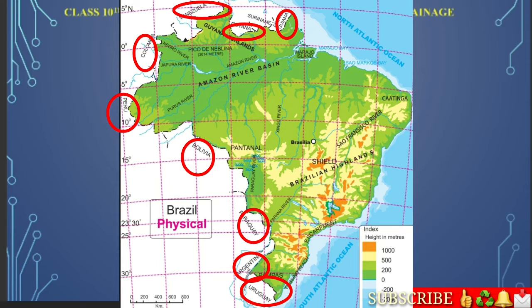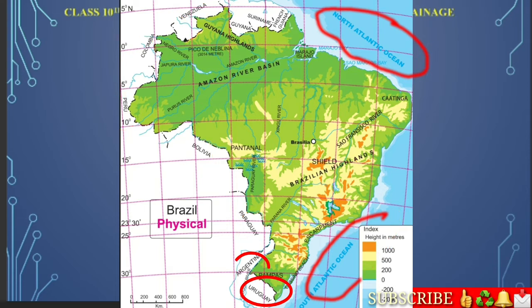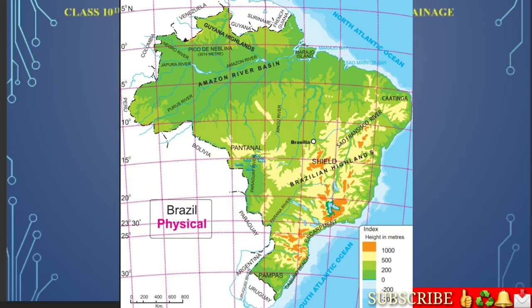Students, on the north side, we have the North Atlantic Ocean, and on the south side, we have the South Atlantic Ocean. Students, we can see the northern coastal line stretches from Amapá to Rio Grande do Norte. Eastern coastal line stretches from east to south. Okay, students, this much information is very important.